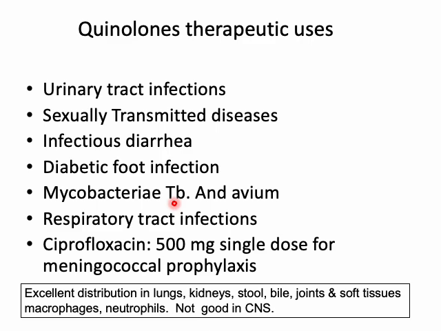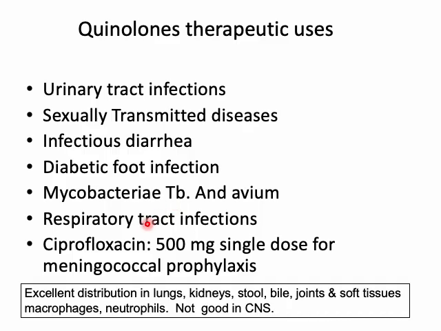So when you'll see the tuberculosis with me, you're going to see first line drugs and second line drugs, and fluoroquinolones actually are among the second line drugs, and they can target tuberculosis, respiratory tract infection.